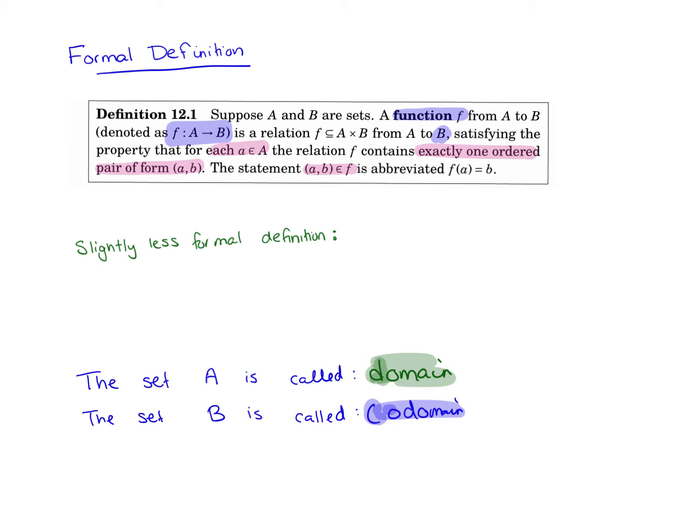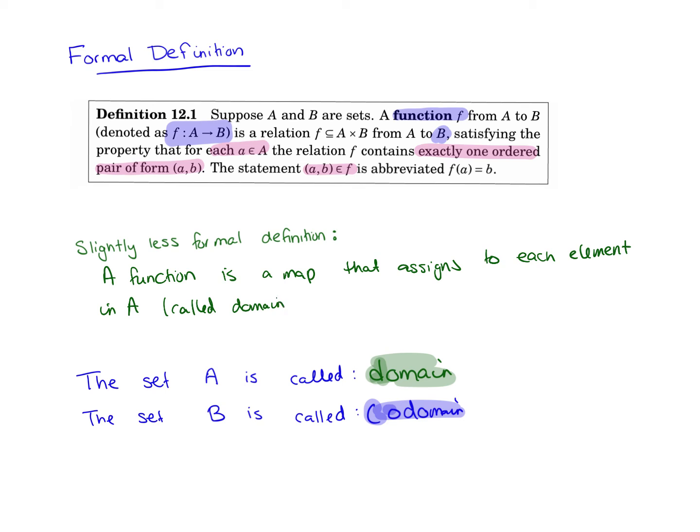So the definition that we often see is that a function, instead of saying it's a set, we'll say is a map or a rule that assigns to each element in some set A, called the domain, as we saw below, exactly one, so it can't be 0, can't be 2, element of the other set, B, which is called the codomain.